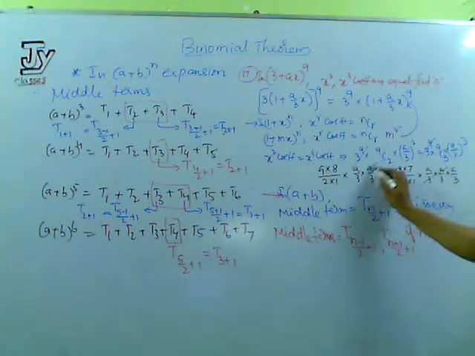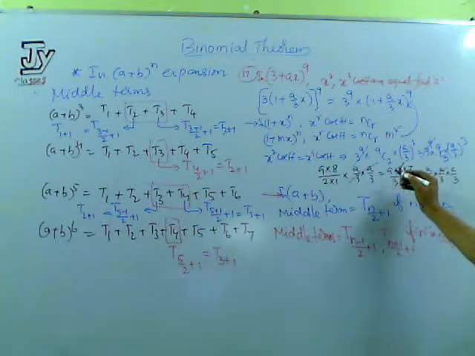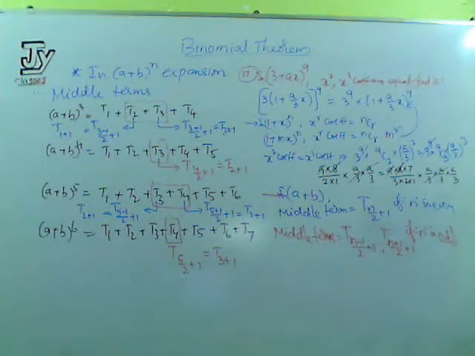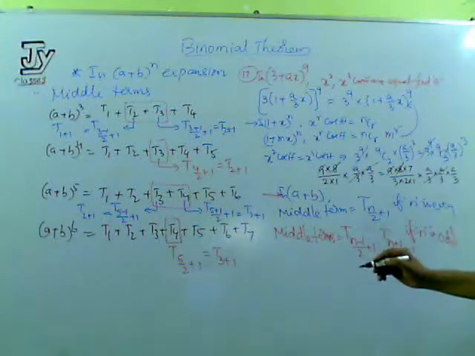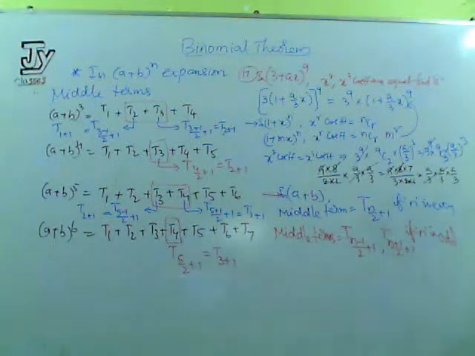So 2 times a/3 gets cancelled. Both sides 8, 9 gets cancelled. 2 into 1, 2 into 1 gets cancelled.